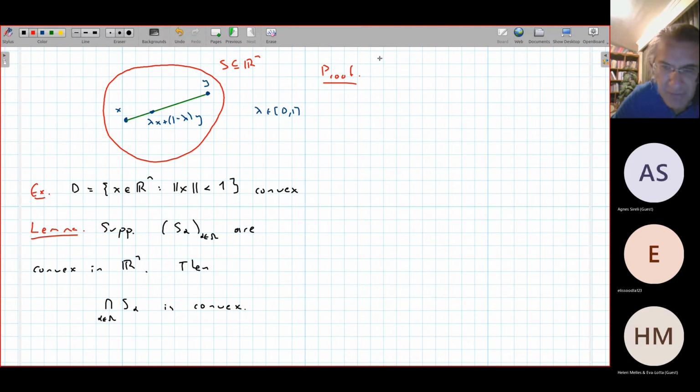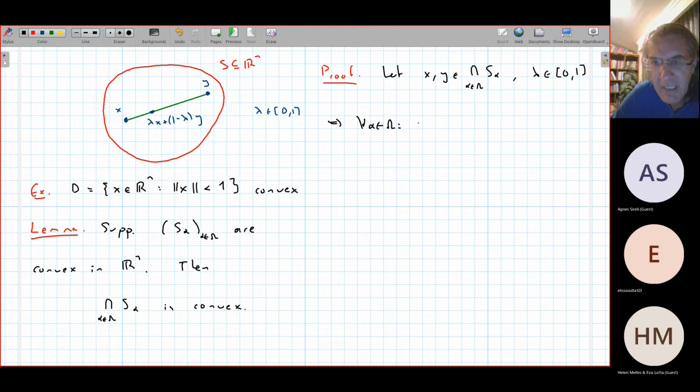And the proof is pretty straightforward. So you let X and Y be in the intersection and lambda be between 0 and 1. Okay, so you use the definition of intersection, then that means that for every alpha, X and Y is in S alpha.